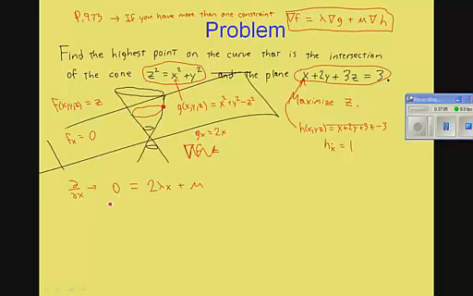May as well write down a few more. From the ddy, what do we get? 2 lambda y plus 2 mu, right? Oops. And then from the ddz, well, here's where I actually have a partial. That's non-zero. I get 1.